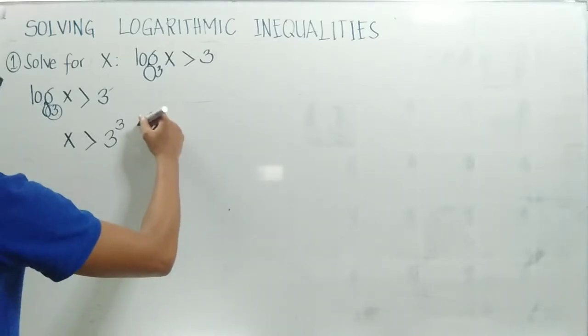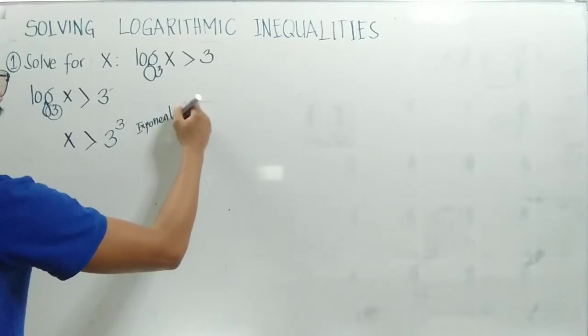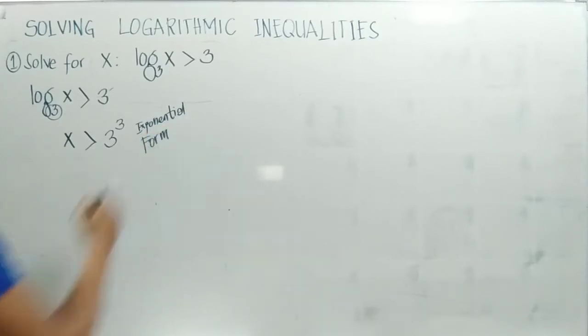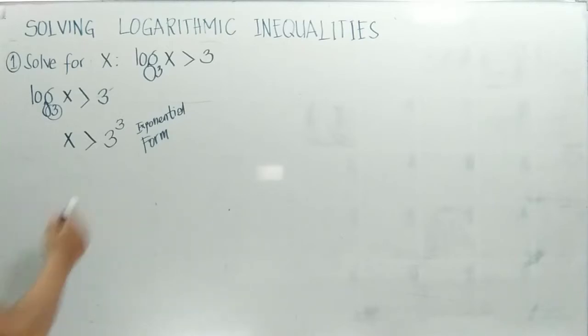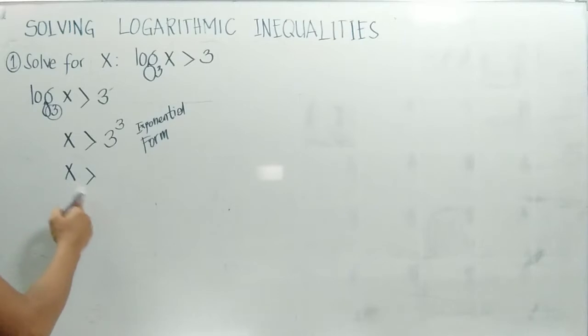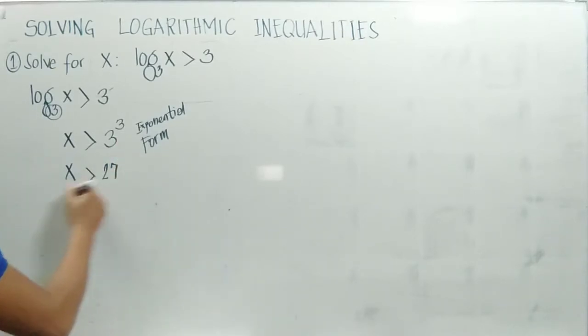So we are writing it into exponential form. Next is to simplify. So basic, x is greater than 3 cubed, and that is 27.